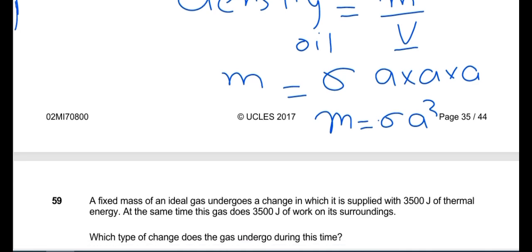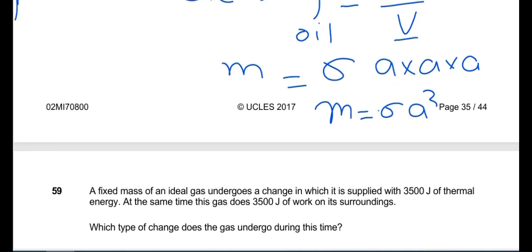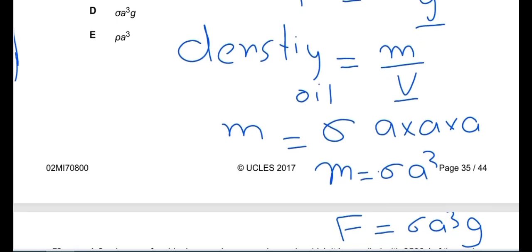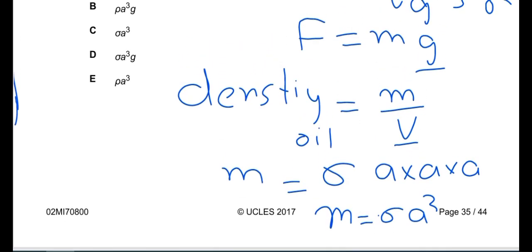So the upthrust force is equal to sigma A cube g, and so our right answer is delta.